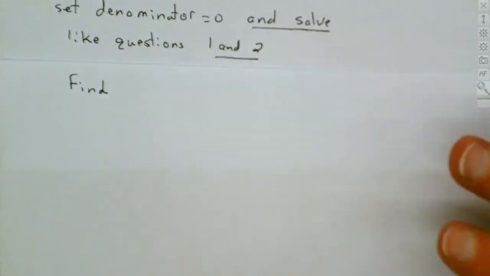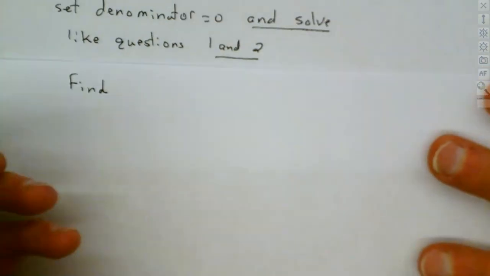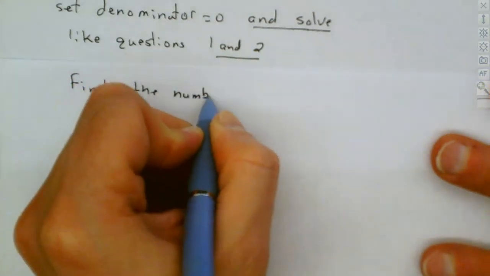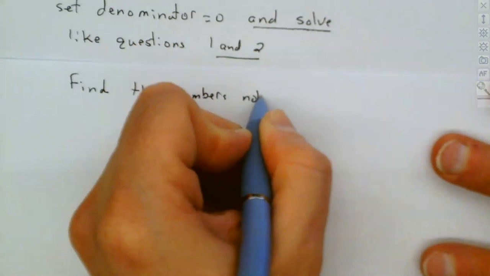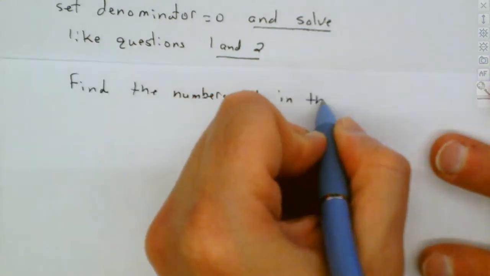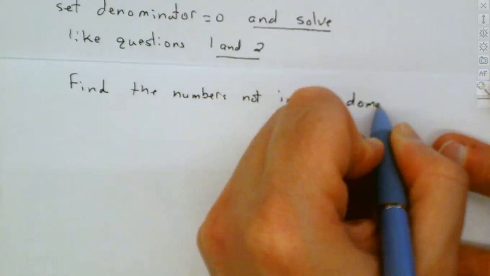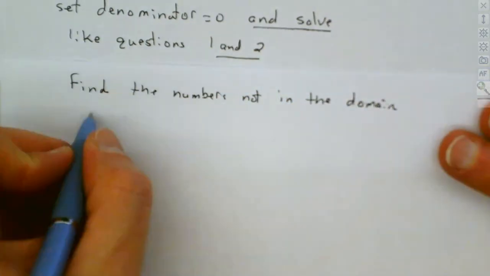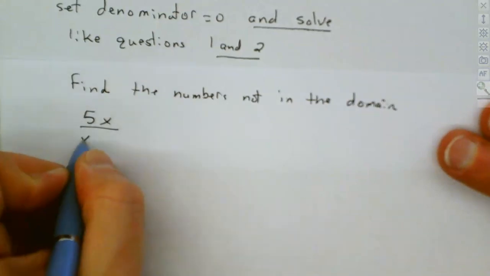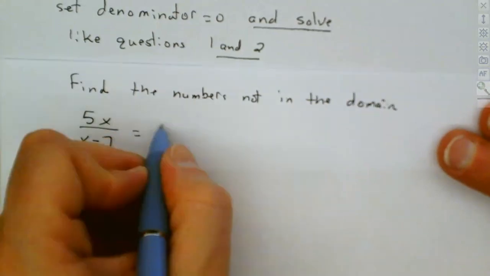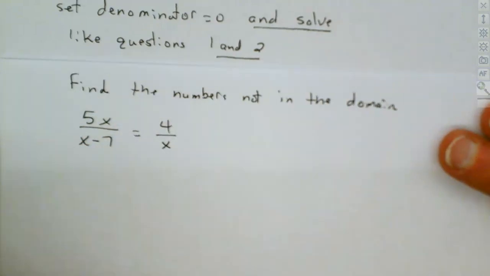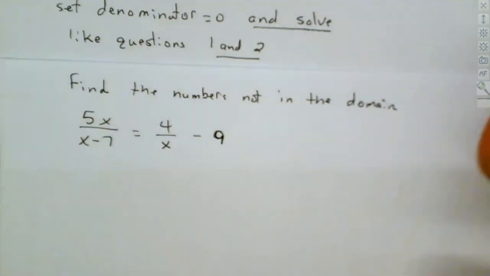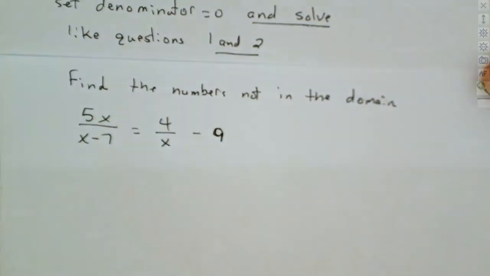Find the values that cannot be solutions, or find the numbers that are not in the domain. We're not going to be solving this one. We're just going to be finding the numbers that are not in the domain.